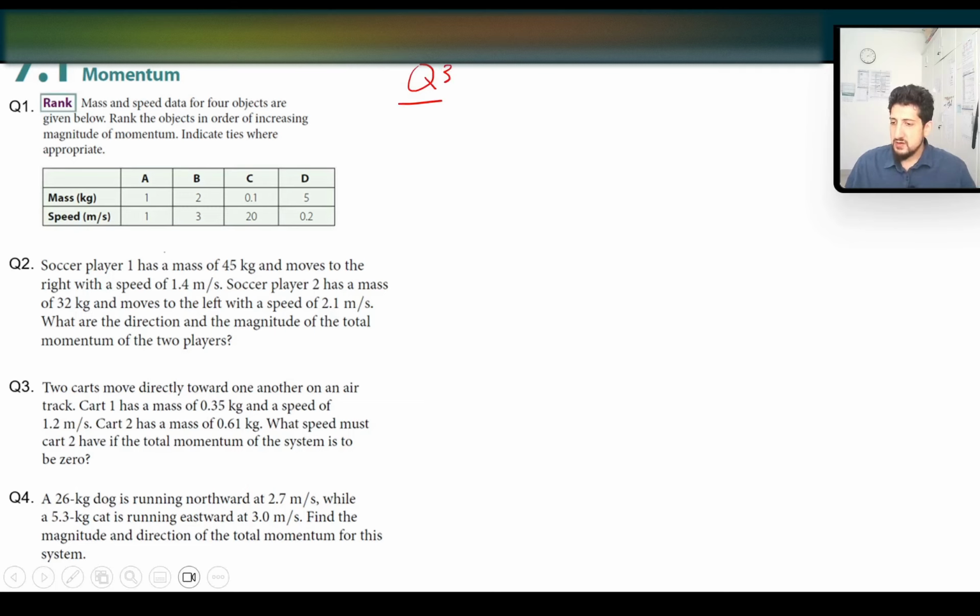Two carts move directly towards one another on an air track. Cart 1 has a mass of 0.35 kilograms, and the speed is 1.2 meters per second.